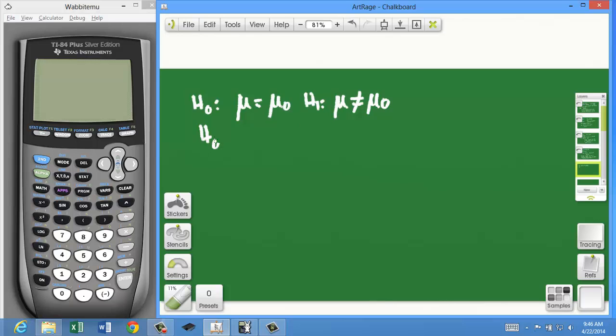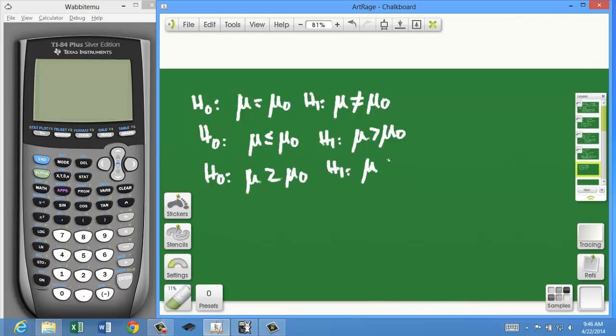The other is mu less than or equal to mu naught versus the alternative mu greater than mu naught. And mu greater than or equal to mu naught versus the alternative mu less than mu naught. These three hypotheses would help us in testing all six logical statements that I first started with.